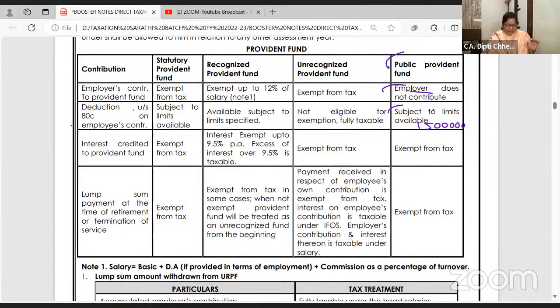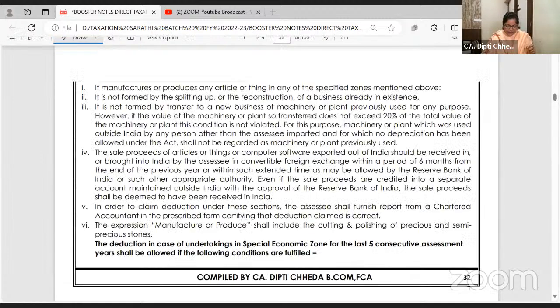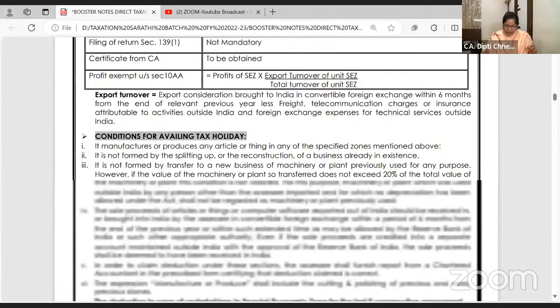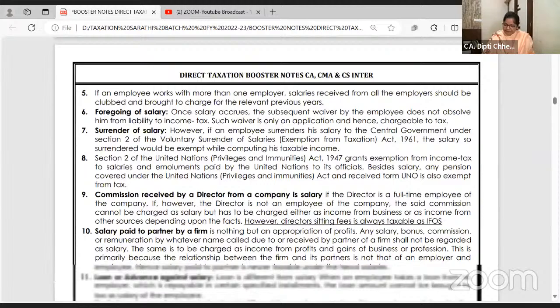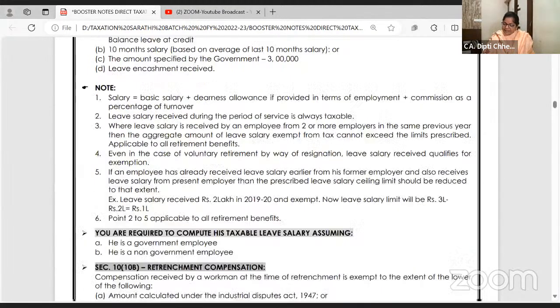Next, interest on PPF is exempt. This is a very important point, dear students, when you write income from other sources. PPF interest is exempt.